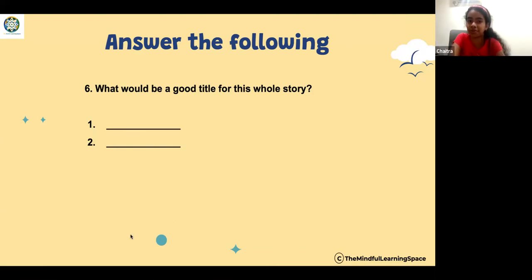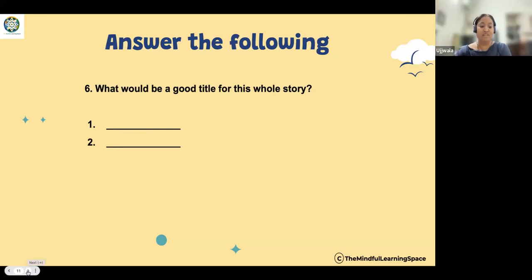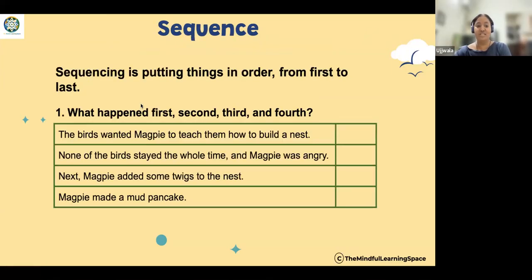Weather reports. Chitra has already said that. Weather homework. Interesting weather assignment. Predicting the weather. Yeah, these are good choices. Very good, guys. I like your imagination.